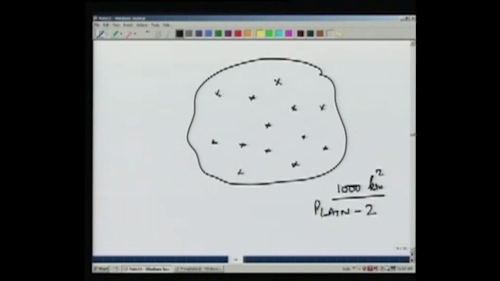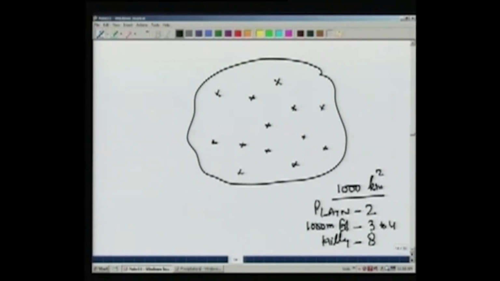If you have moderate elevation, for example 1,000 meters elevation, then you may need 3 to 4 rain gauges in 1,000 square kilometer area, because the spatial variation of rain is likely to be more than in the plains. And for hilly areas, typically we need to use 8 rain gauges over 1,000 square kilometer area. So these guidelines should be followed whenever we are designing a rain gauge network.